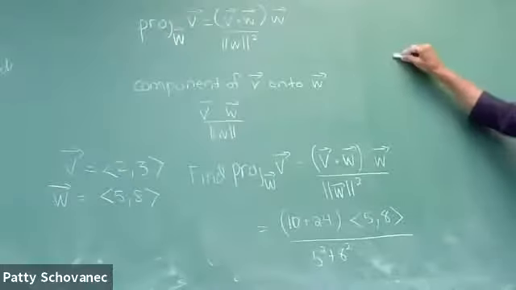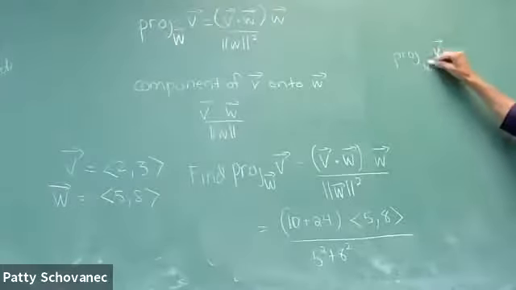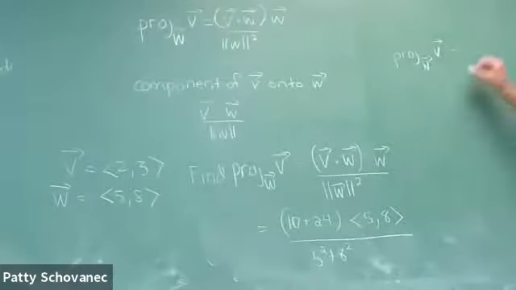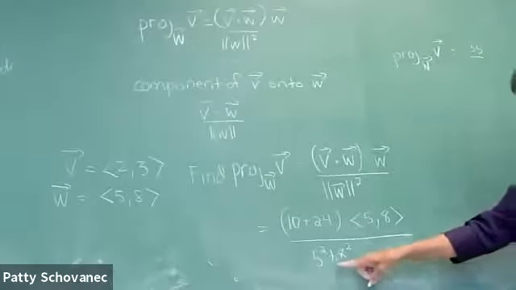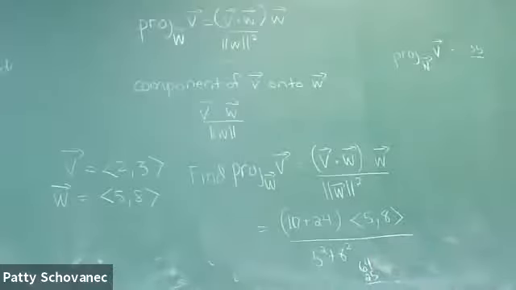So we have the projection of V onto W, 34 divided by 25 plus 64, which is 89, times the vector 5, 8. Should be a 34 in the numerator? Because when you add 0 to anything, you get that anything. Is that the additive element of addition?